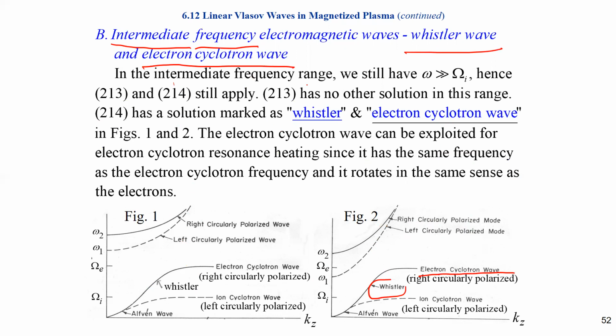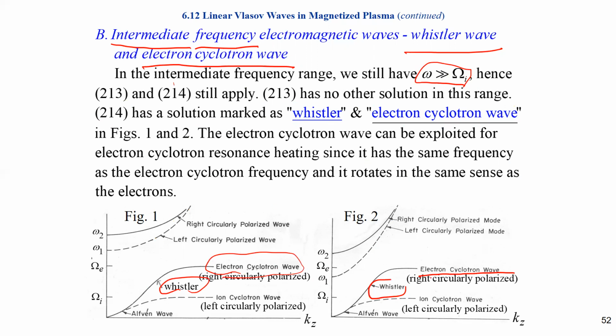In the intermediate frequency range, we still have omega greater than omega i. That always still applies. Equation 213 has no other solution in this range, and equation 214 has a solution marking the Whistler and electron cyclotron wave. Whistler here, electron cyclotron wave here.